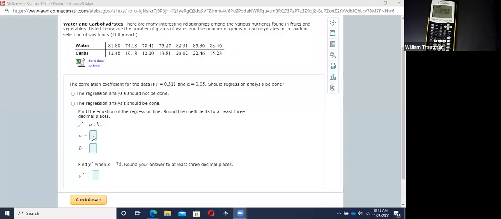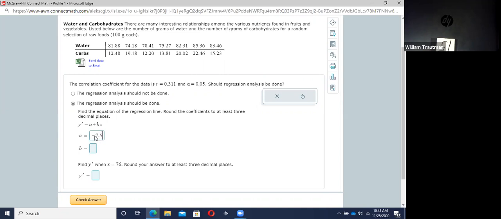So let's go to the homework assignment and type this in. It says to 3 decimal places. The A I got was negative 7.5474, which is negative 7.547 to 3 decimal places.